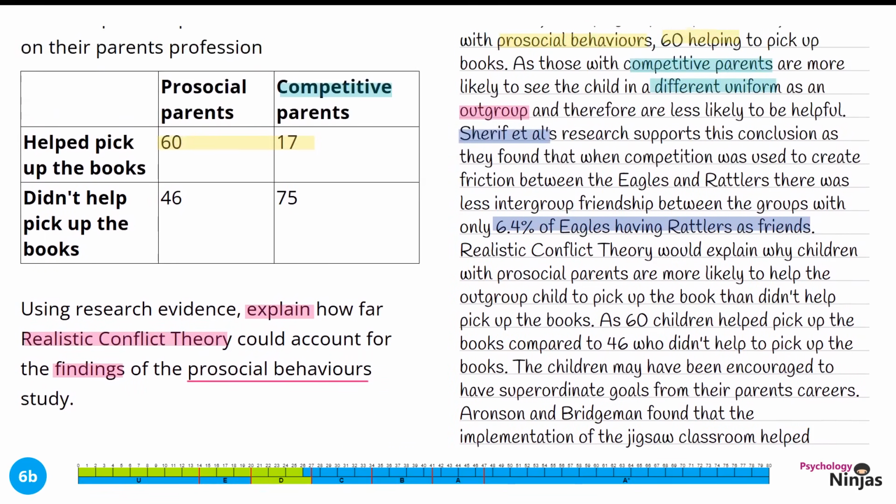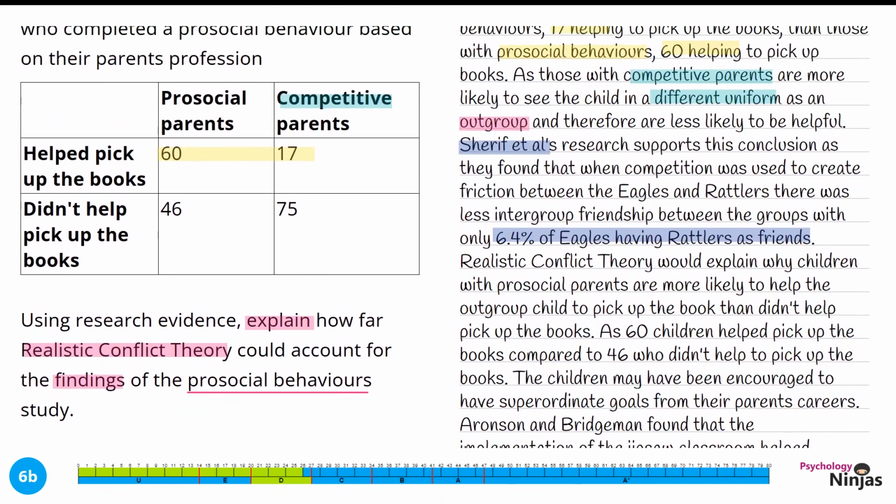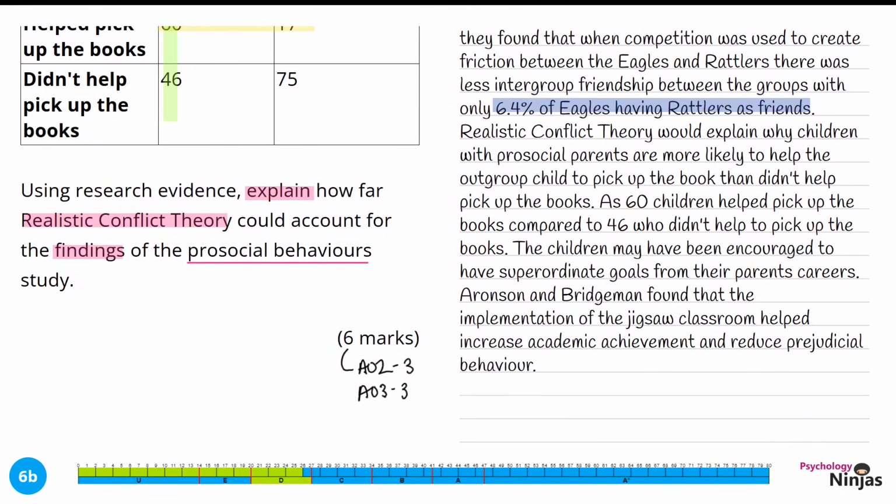If we return to Table 1, we're now looking at the pro-social behaviours and pro-social parents, and their children's behaviours. So this time we're focusing on findings of the pro-social parents, saying that the pro-social parents are likely to produce children who are more likely to help. We've used figures from the table in order to support this conclusion.